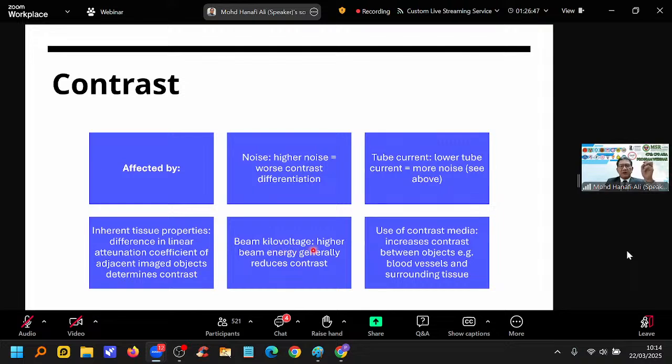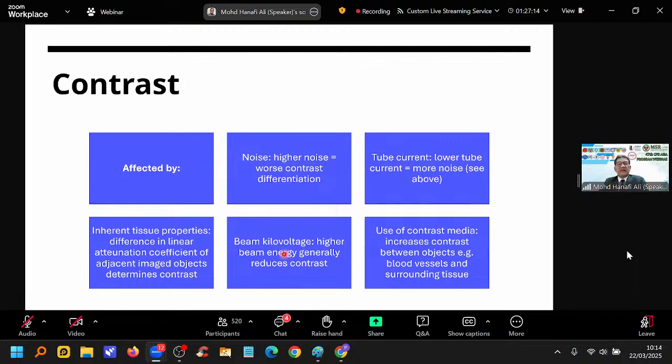Beam kilovoltage, of course, the higher the beam, the contrast will reduce. Remember the photoelectric and Compton effect. So we need that. But in CT scan, we cannot compare exactly the same as X-ray, because we want at least the X-ray photons to penetrate the matter or the structure that we want to measure.